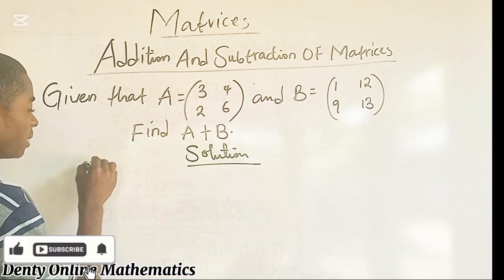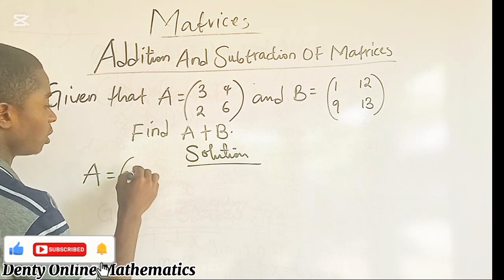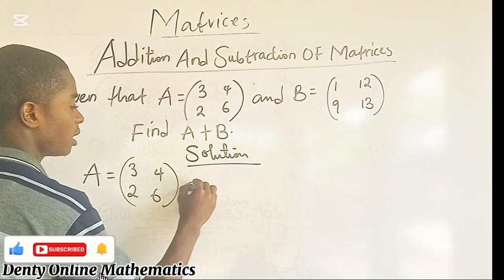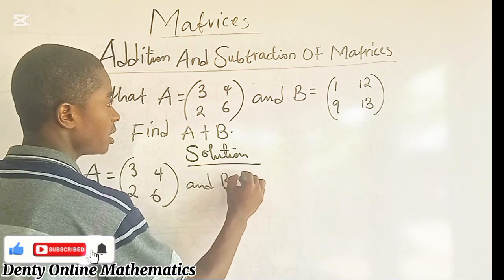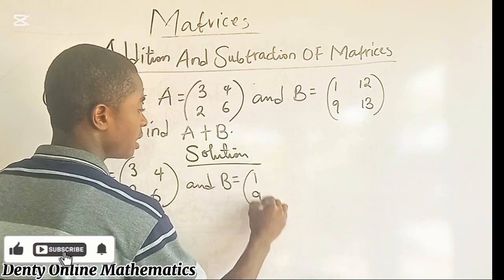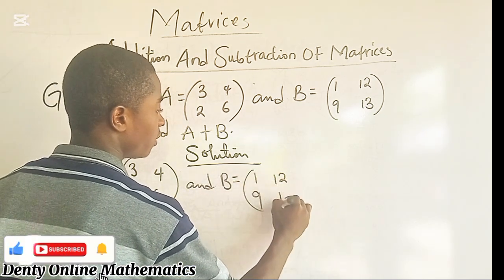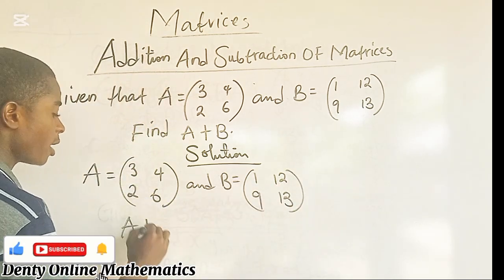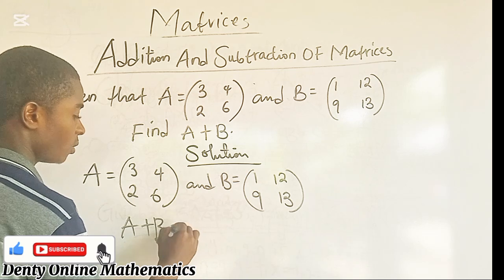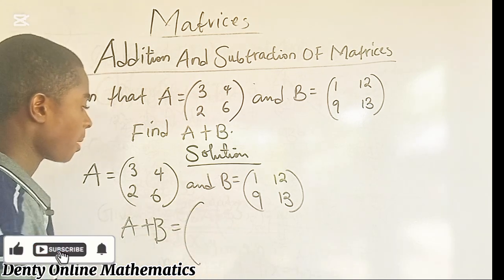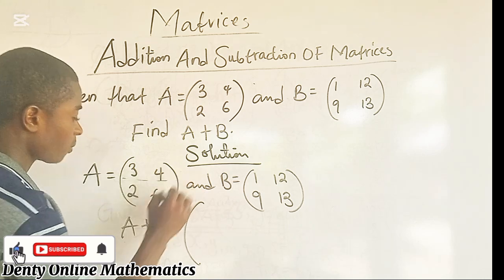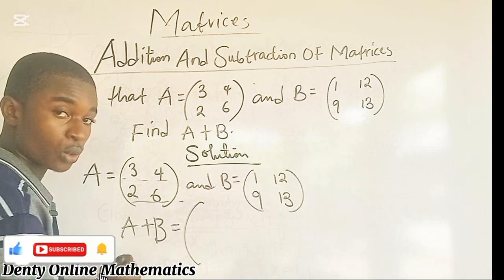Now we have that matrix A is equal to [3, 2; 4, 6], and matrix B is equal to [1, 9; 12, 13]. Now A plus B is equal to, since the order must be the same, if you observe, this is the first row and this is the second row.